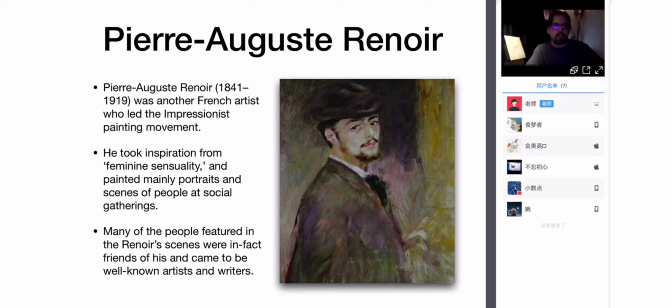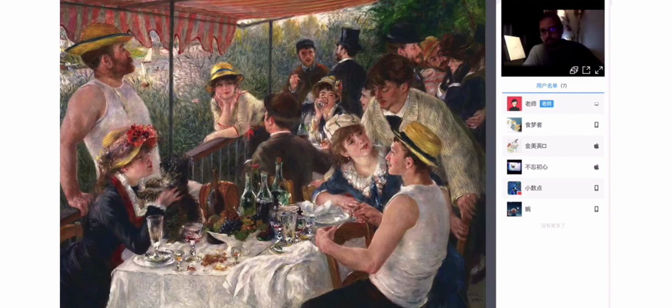It says here he took inspiration from feminine sensuality and painted mainly portraits and scenes of people at social gatherings, friends of his. So Renoir was a master of capturing people in the Impressionist style and their manner of dress and their facial expressions.